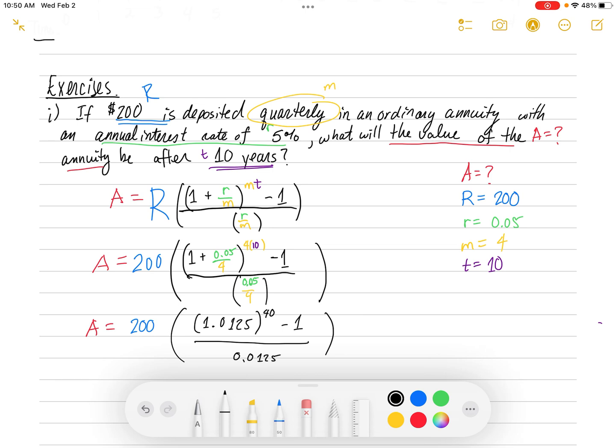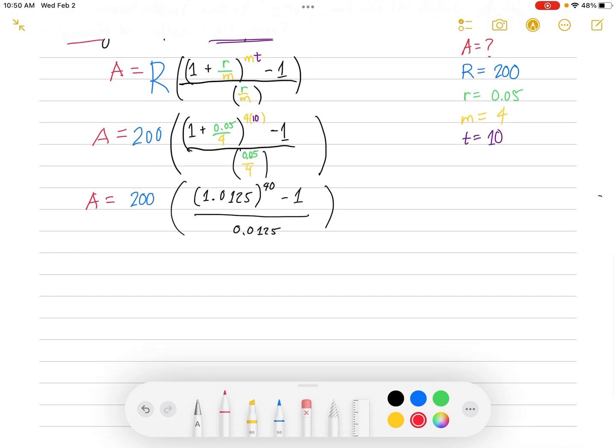So I'm going to plug this in my calculator. Now, when I plug it in my calculator, I'm going to leave the 200 alone.